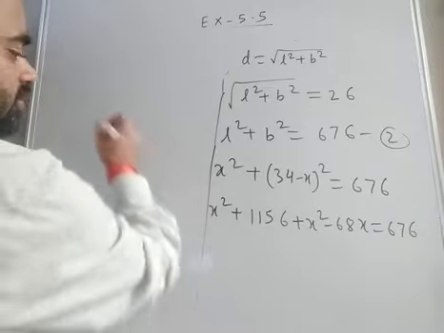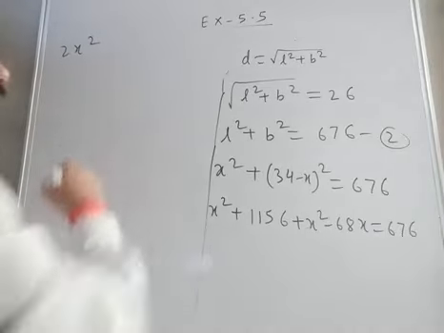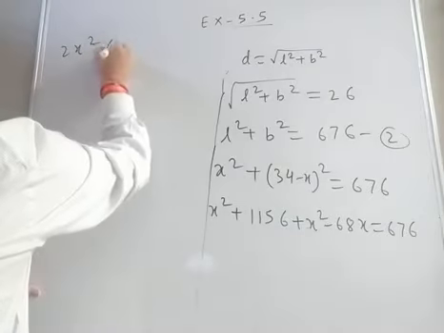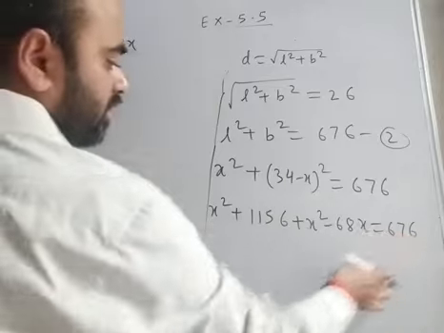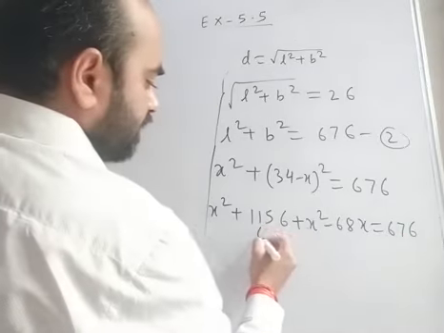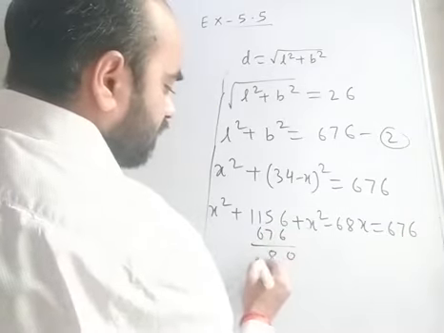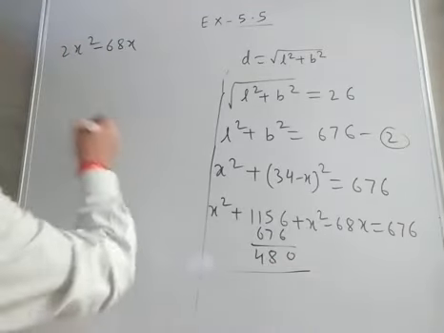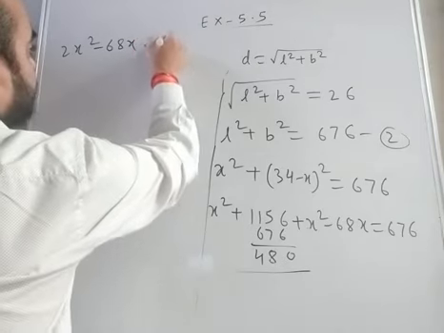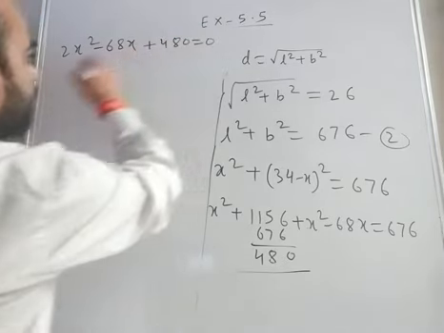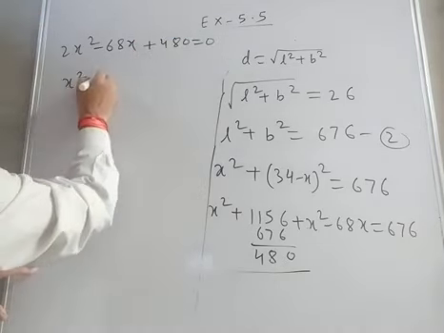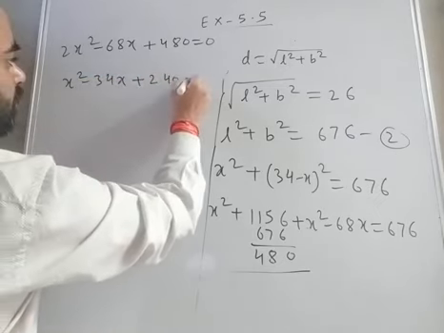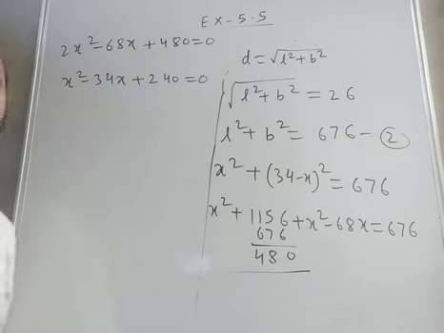Now the final equation is 2x square minus 68x, then transpose, this will become 1156 minus 676, correct? It means plus 480 is equal to 0. Divide throughout by 2: x square minus 34x plus 240 is equal to 0.